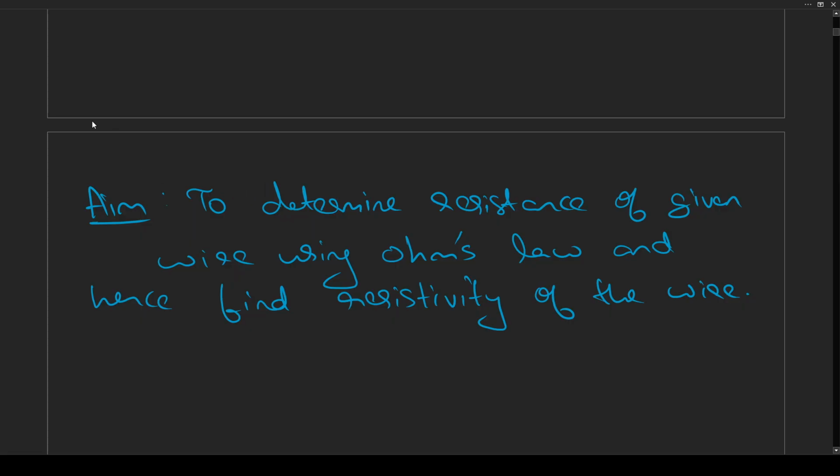To determine, very simple here, we first determine the resistance of the wire, then using that resistance we are going to find the resistivity of the wire.